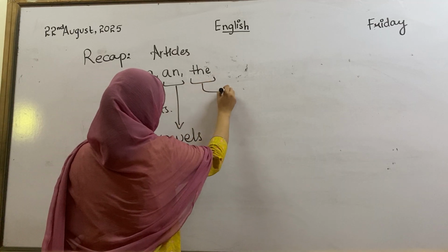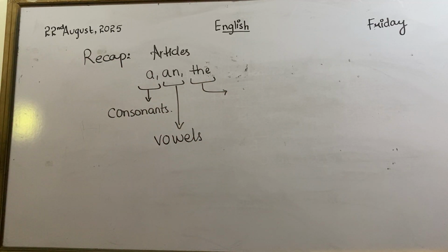And where do we use the? Come on. Who's going to tell me? Abdullah? Articles, the is used before specific things or people.